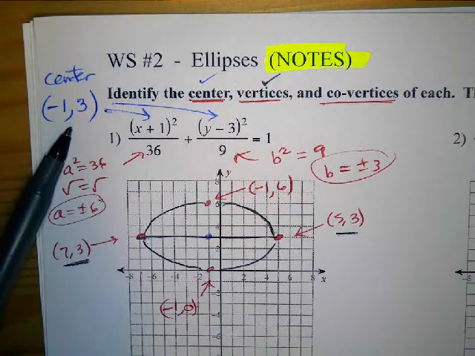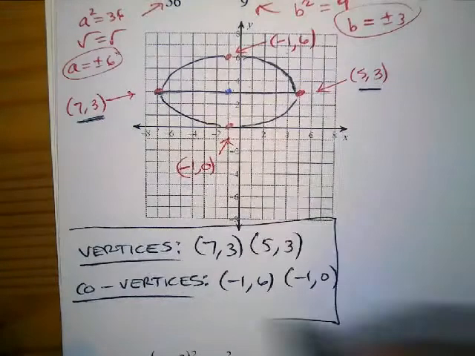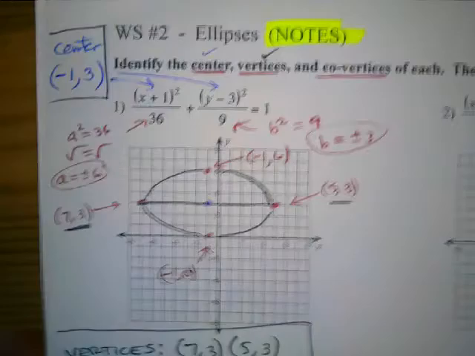And then we already wrote down the center. So box the answer for the center, box the answer for the vertices, and you graphed it, right?